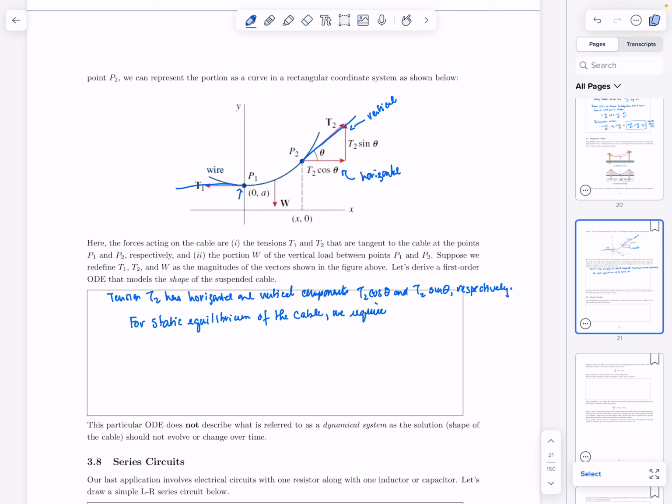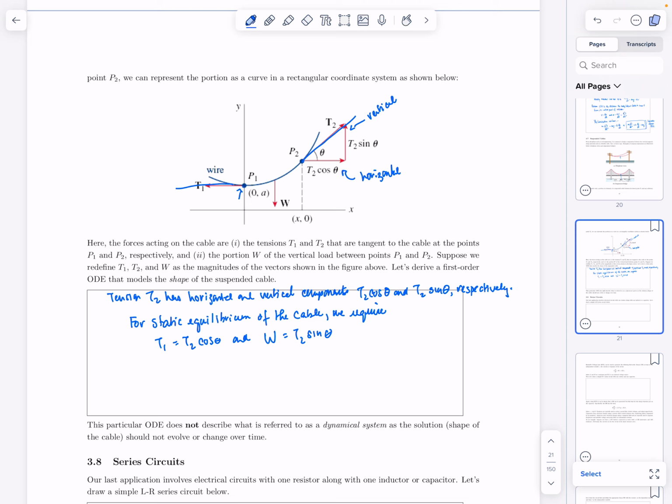In other words, we would force T1 to be the same as the horizontal component of the other position P2. So that would be T2 cosine theta. And we'd want that vertical load, or the W, to be the same as T2 sine theta, which is the portion of the tension at that other point. So that's what it means to be in equilibrium.